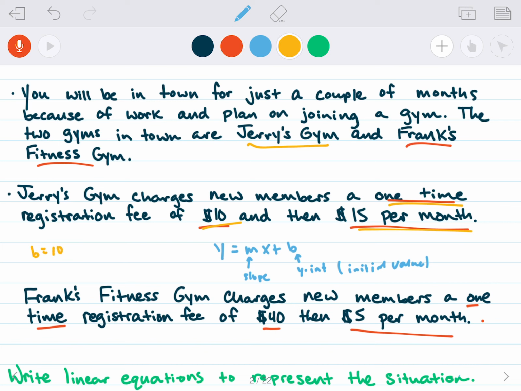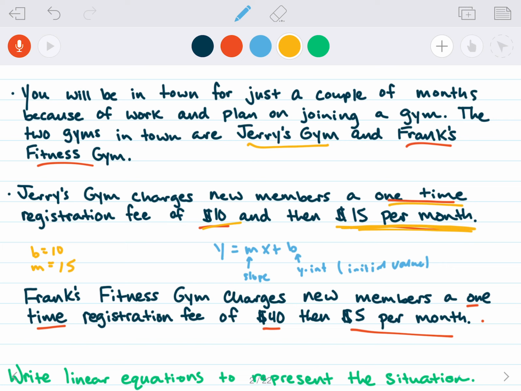The second thing we need is the slope. Remember, the slope is how much we're changing per unit of time. Because we're going up by $15 per month, that's going to be our slope. So m is 15.